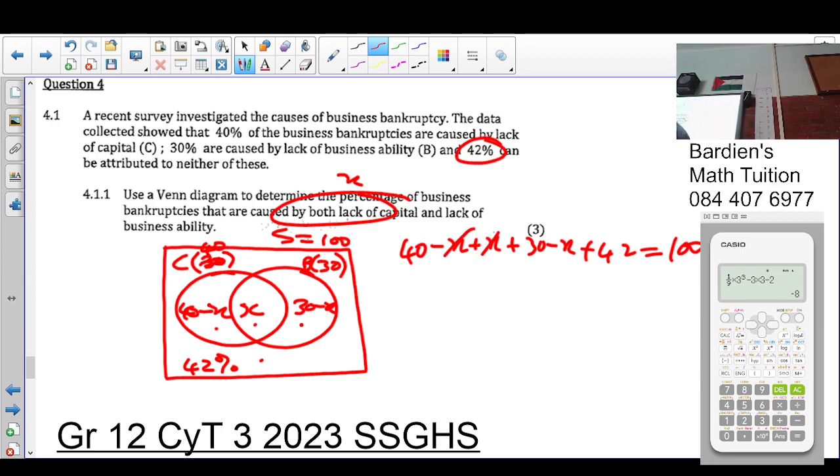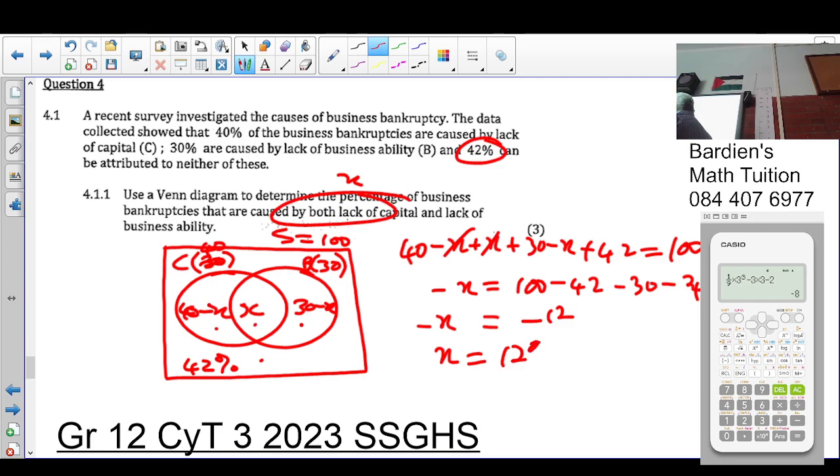X is cancelled, so negative X is equal to 100 minus 42 minus 30 minus 40. Okay, 30 minus 40 is negative 70. So it's going to be minus 12, it's equal to minus X. So X is equal to 12%.